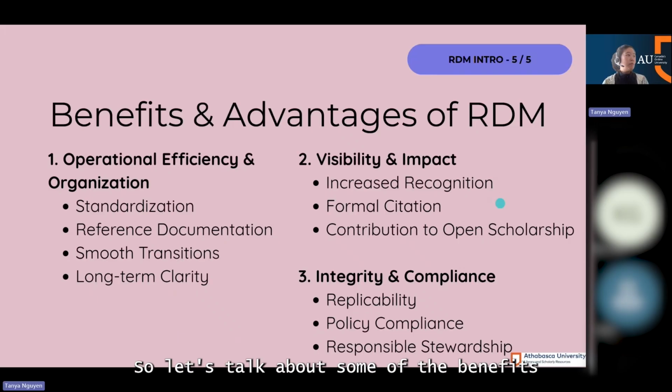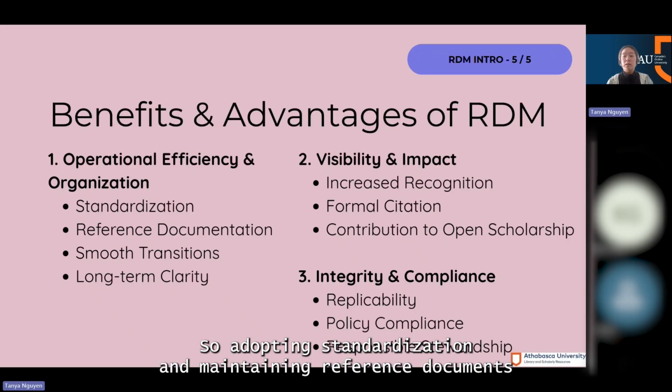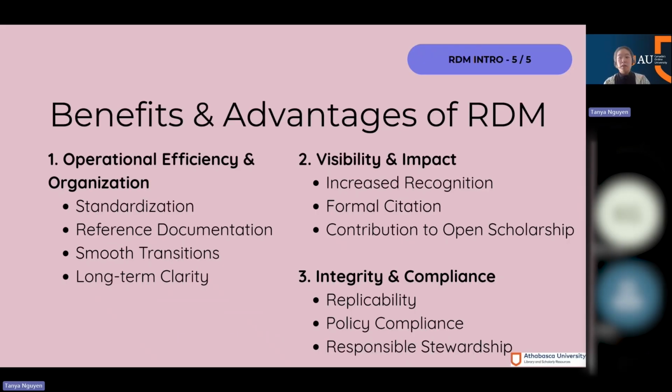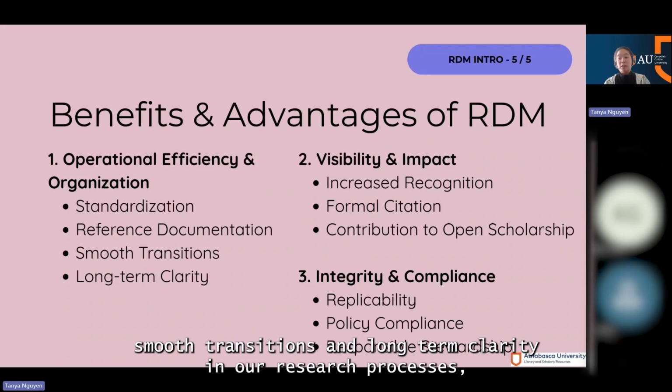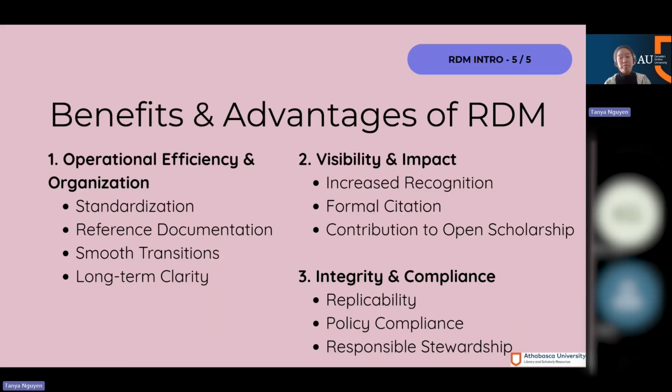So let's talk about some of the benefits and advantages of RDM. So first, RDM contributes to operational efficiency and organization. By adopting standardization and maintaining reference documents, we're ensuring smooth transitions and long-term clarity in our research processes, especially when we are collaborating with other team members in our research team.